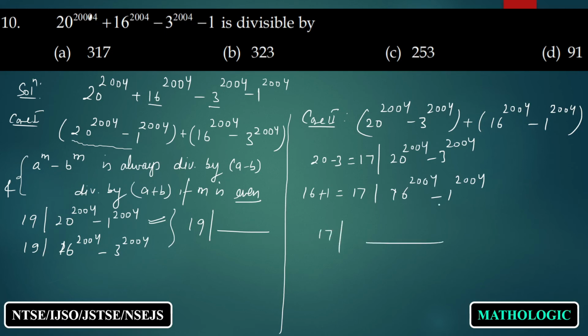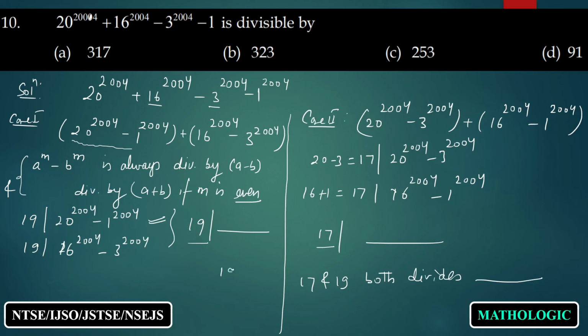So we have got two different numbers in two different cases, which means that 17 is also dividing this number and 19 is also dividing this number, which means 17 and 19 both divide the given expression, which means the multiplication of 17 and 19 will also divide the numbers.